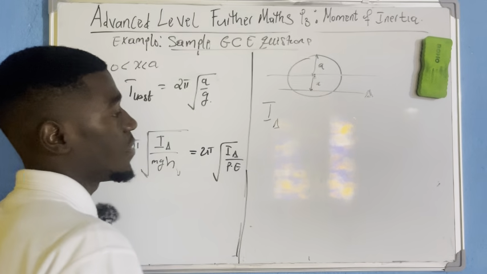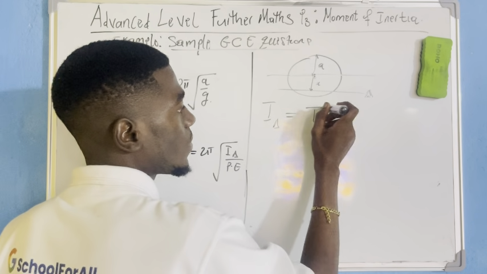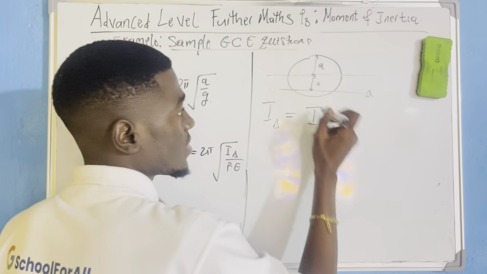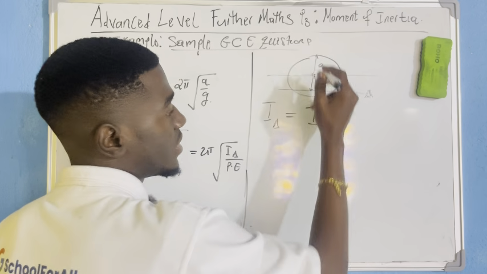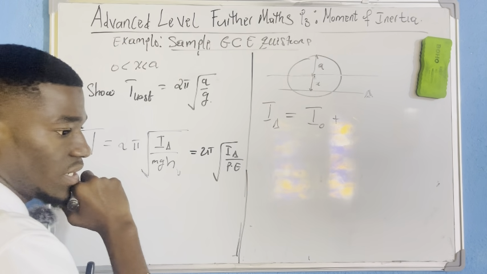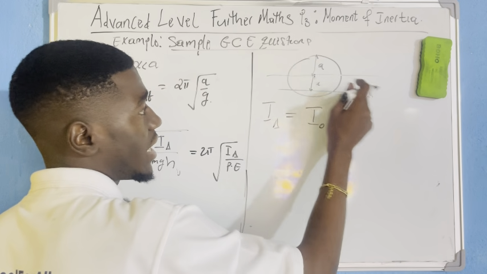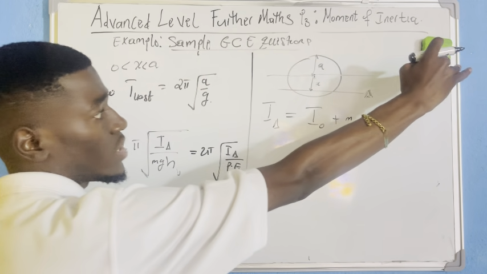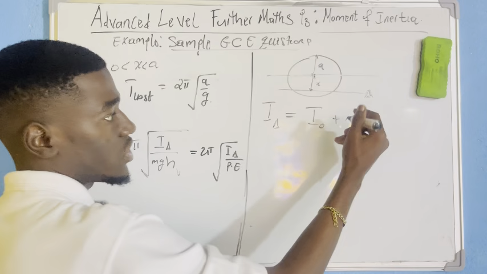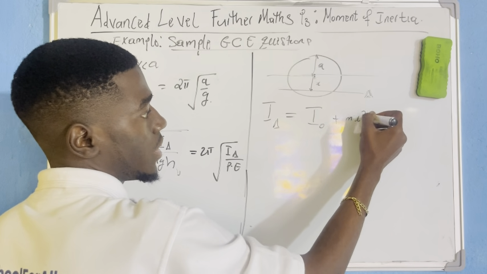So I'll first calculate the moment of inertia about the axis passing through the center, plus the mass of the disc, which is m, times the distance separating the two parallel axes, that is the axis passing through the center and the axis of rotation, which is x. Then I square it.